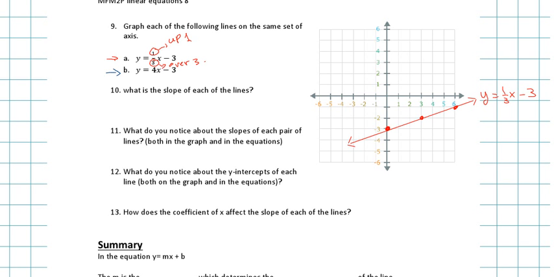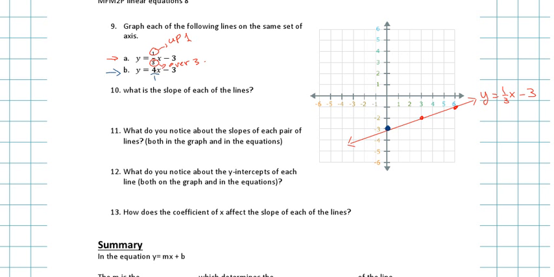Second one, my y-intercept is at -3. So I'm starting with the same y-intercept. But what is my slope? Up 4 over 1. If you have a whole number, it's always over 1. So my rise is 4. So 1, 2, 3, 4 over 1.